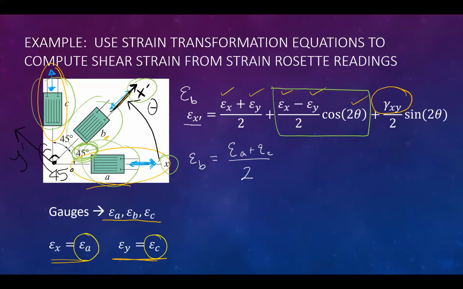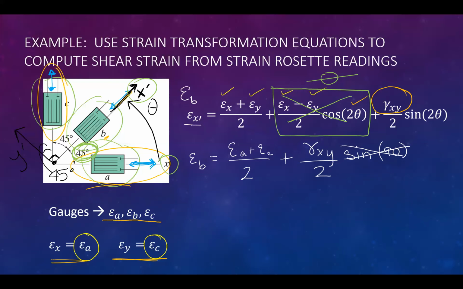And so 2 times theta is 90 degrees, and the cosine of 90 is 0. So this whole term is 0. So I don't need to fill in for that. But I do need that last term, gamma xy over 2. Now sine of 90 happens to be 1, so I can remove that.